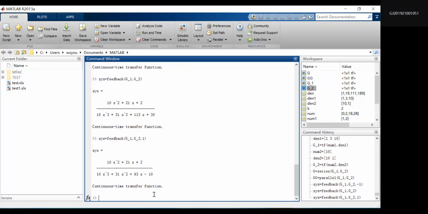How about parallel? Just have this one and this two. And then the last one, feedback.